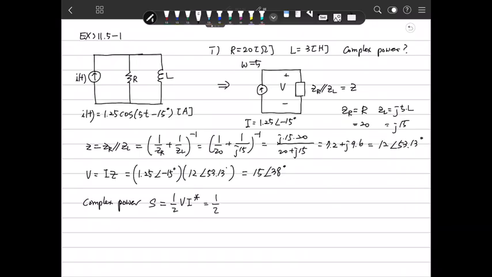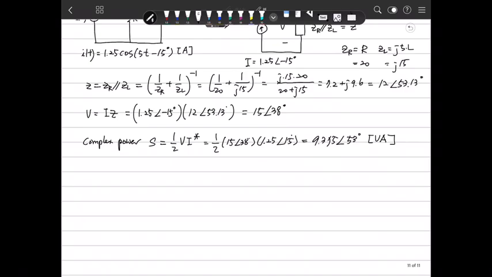So there will be half times 15 at 38 degrees and the current is 1.25 at minus 15 degrees, conjugate is plus 15. So the result is 9.375 and the phase angle is 53 degrees. The unit is volt-ampere, VA.